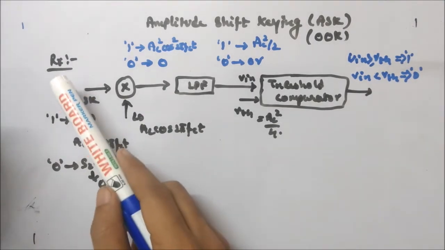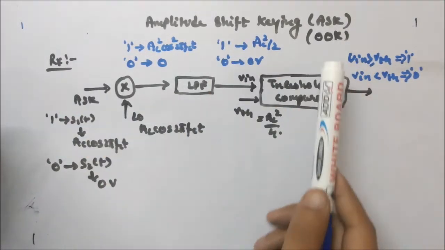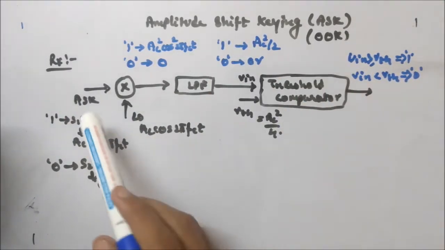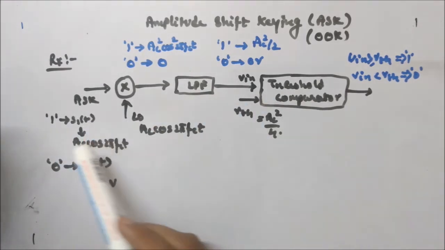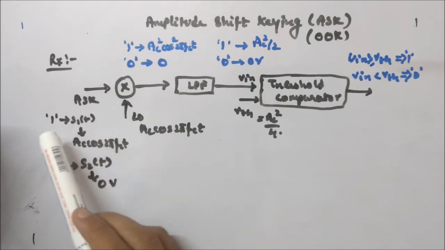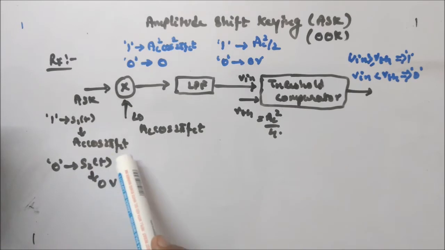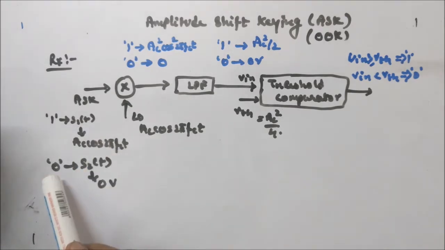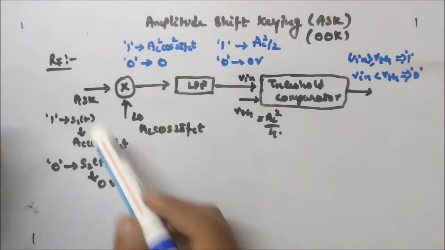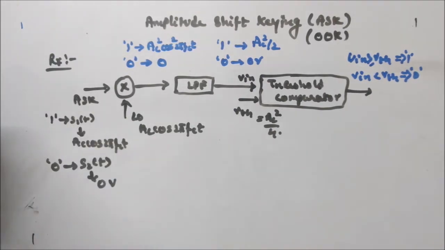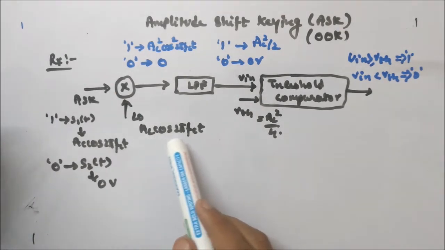So we'll look at the receiver part of amplitude shift keying. This is your receiver side. You will have the ASK signal, which is Ac cos 2 pi fc t, S1(t), if there is bit 1, and if bit 0, it is S2(t), meaning 0 volt. This is your ASK signal. Now you multiply this signal with the local oscillator signal, which is Ac cos 2 pi fc t.